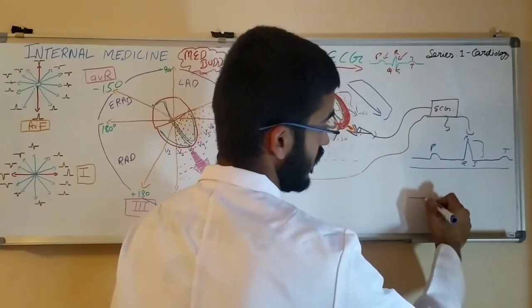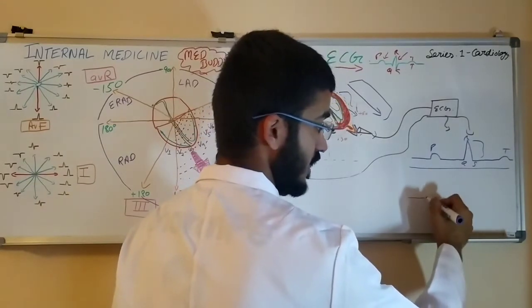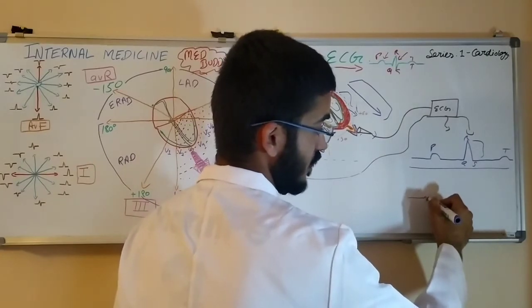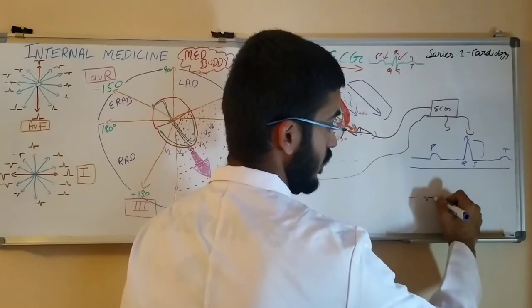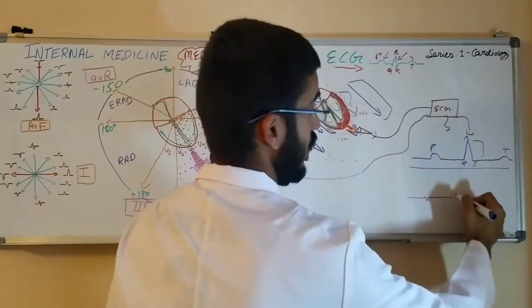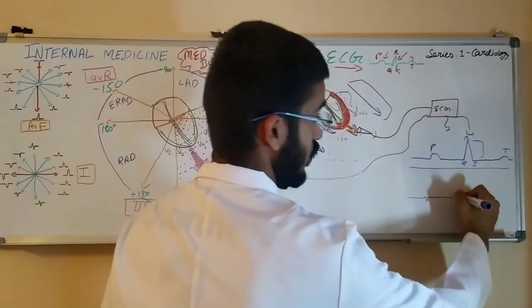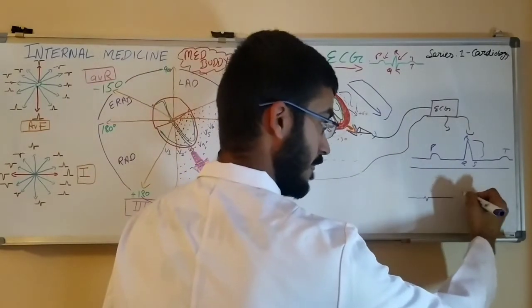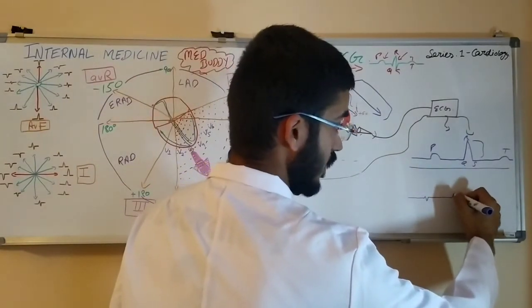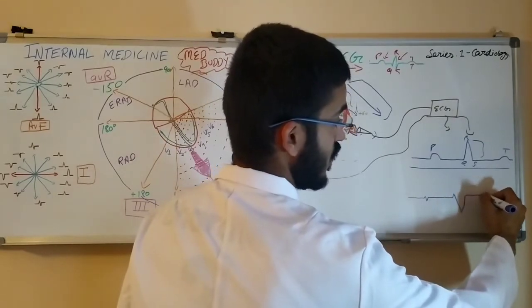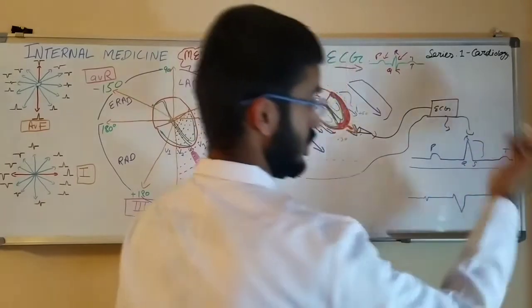So how is it going to be? It can be biphasic: a very small component towards the lead while a larger component is away from the lead in the P wave as well. Moving up, the same applies: a smaller component towards the lead and a larger component away from the lead. And this is how it is going to be present.